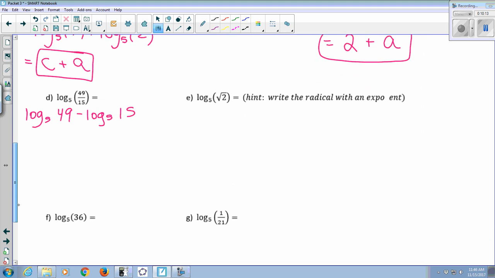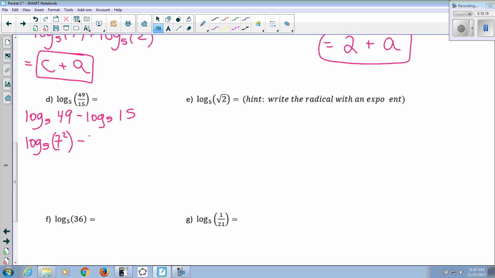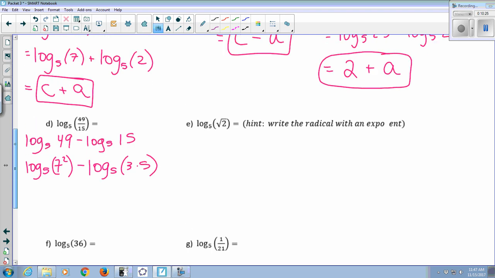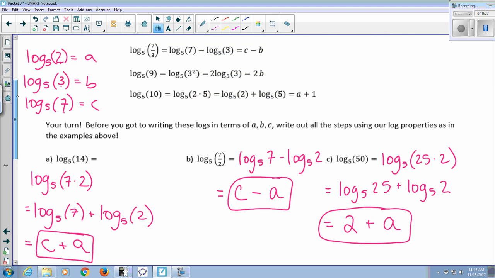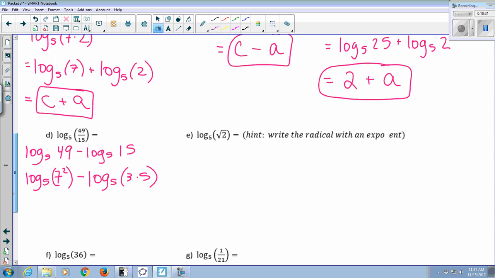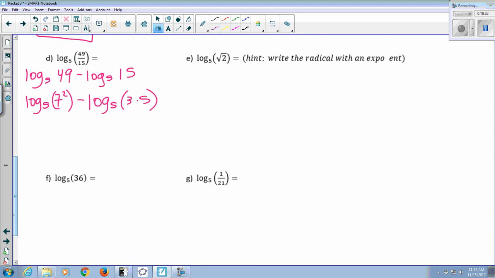So 49, that's 7 squared. So I'm going to write this as log base 5 of 7 squared minus log base 5 of 15. 15 is 3 times 5. And 3 is one of the inputs that I know. 5 isn't, but we'll see what we can do with that.